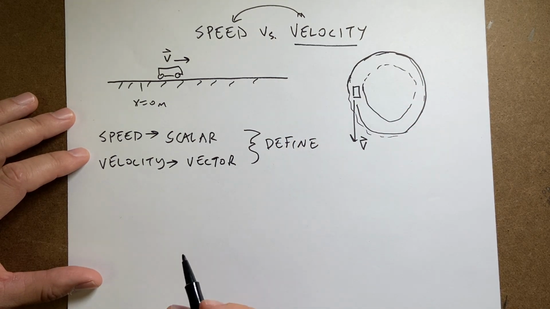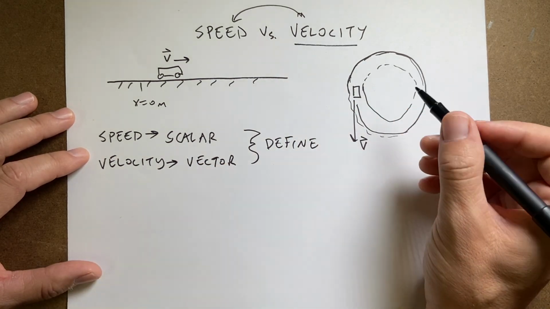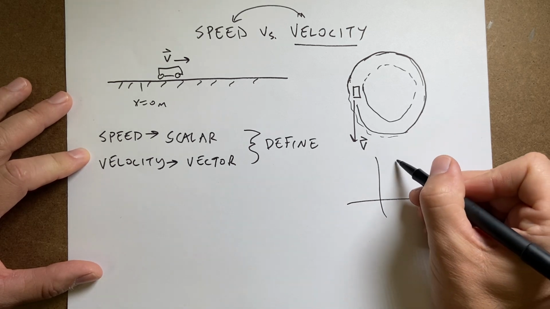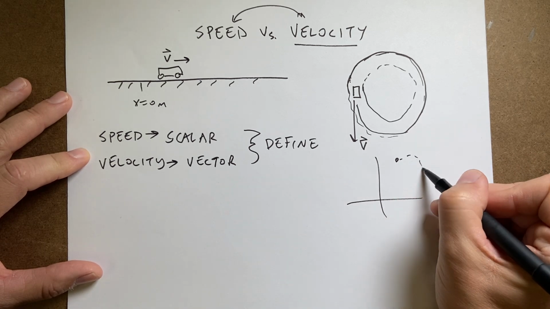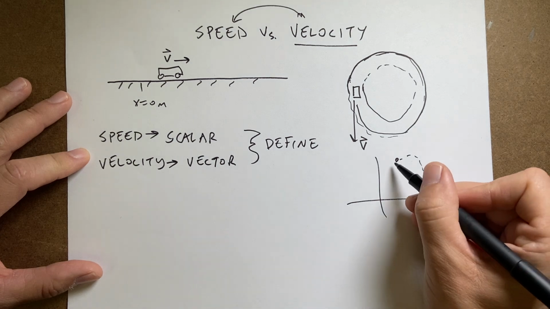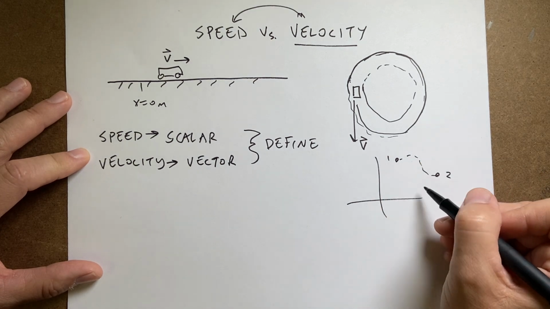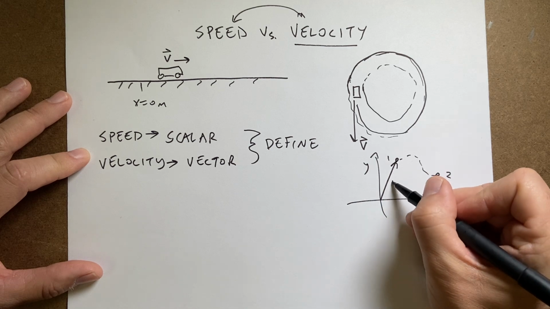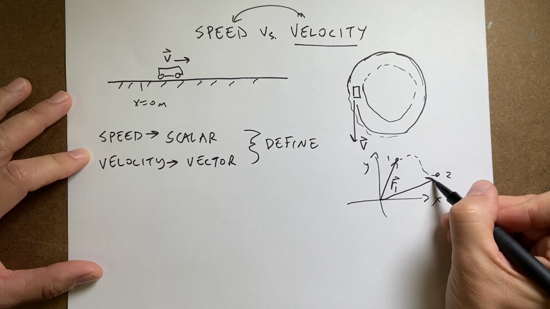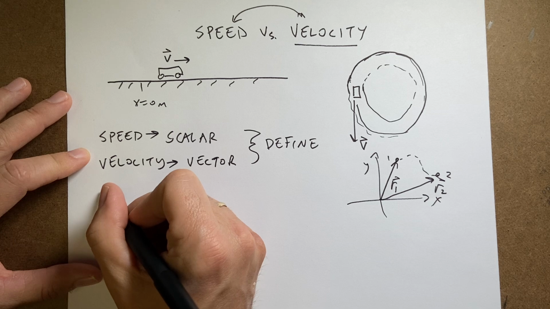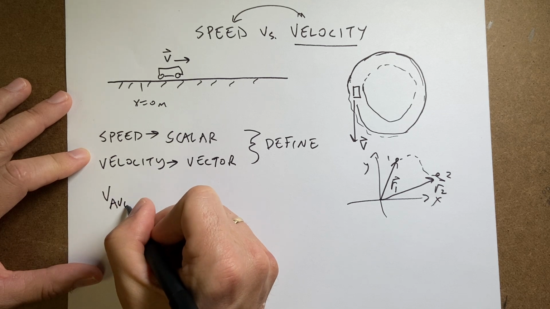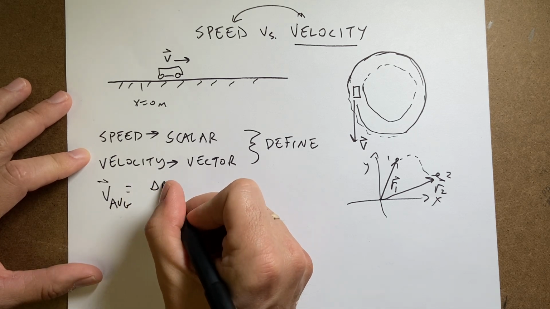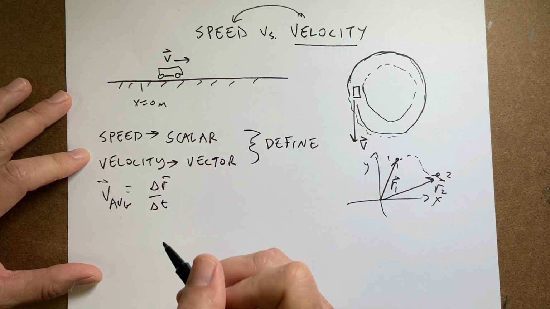So let's define velocity. If I have, let's say, a bird flying from here, and it goes up to here, so this is position 1, position 2, and this is the xy axis. Then here's the vector location r1, here's the vector location r2. I can calculate the average velocity as the change in the vector position over the change in time.